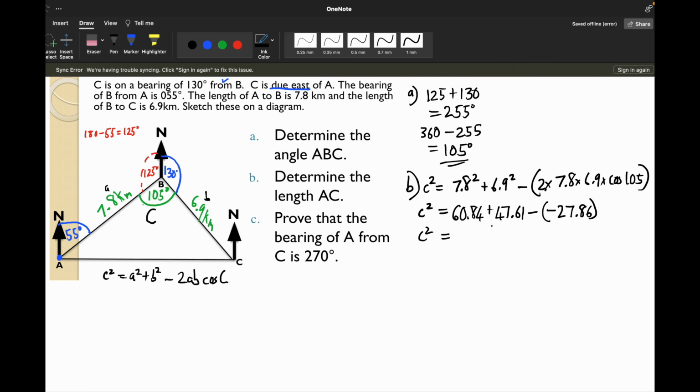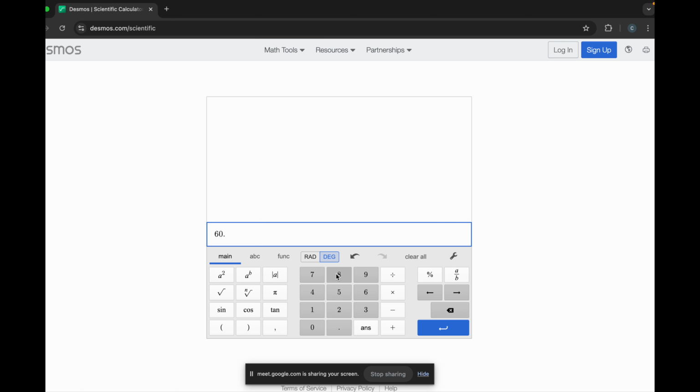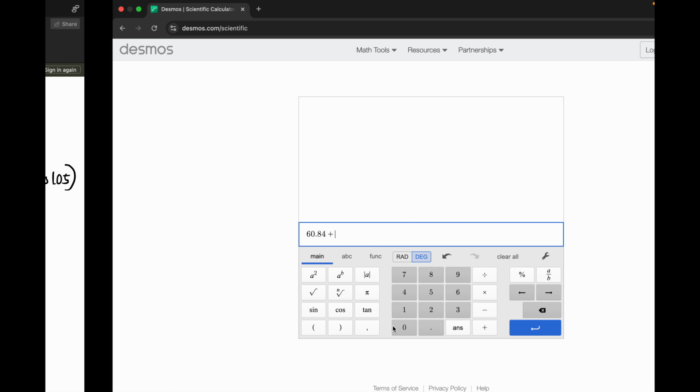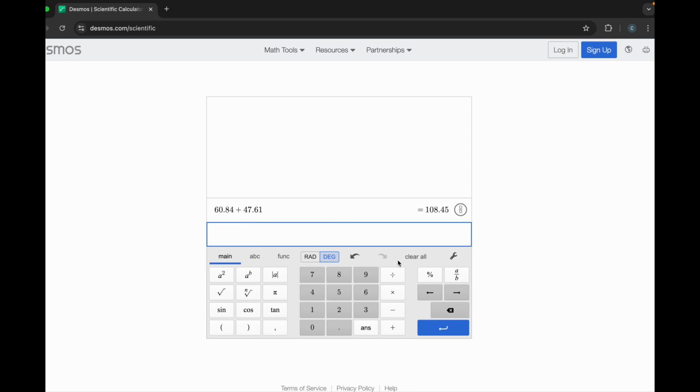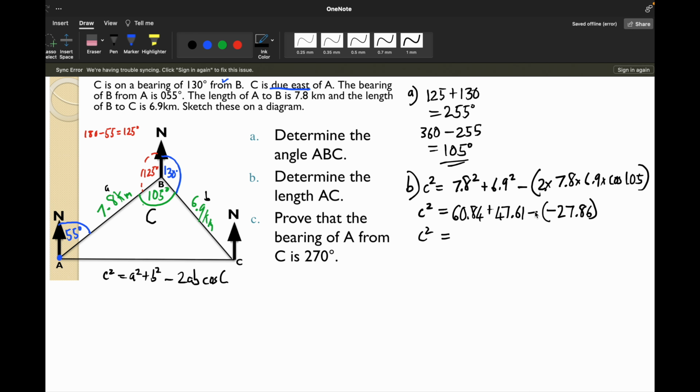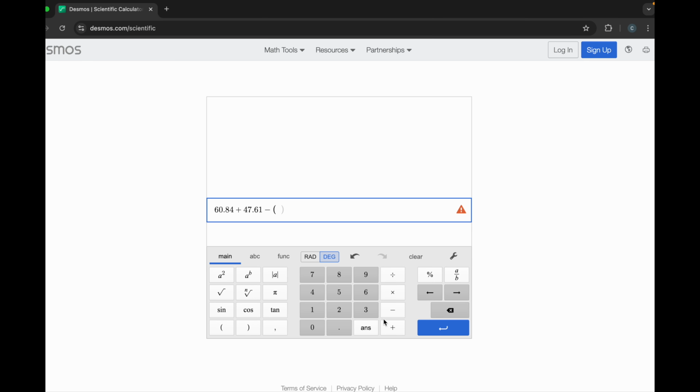So then remember, this part is going to turn to, we add this here. So let's add this first. 60.84 plus 47.61 is 108.45. So then now we minus the negative. Remember, once we have a minus a negative, we got to turn to a what? Positive. Exactly. So you got to end up adding once we do that. So 27.86.